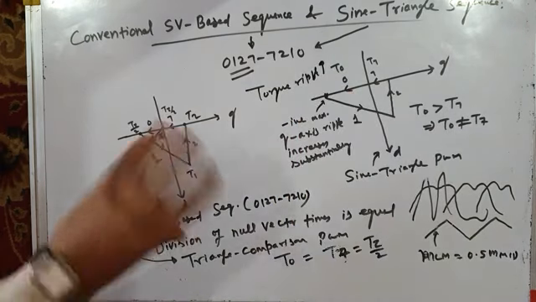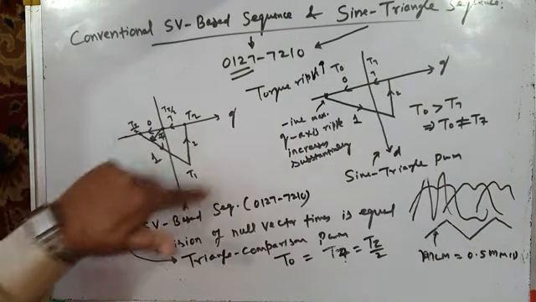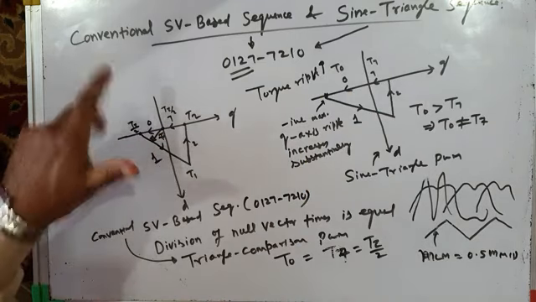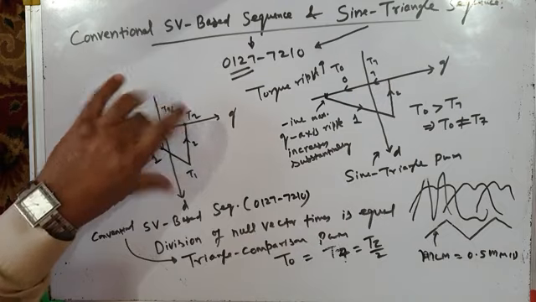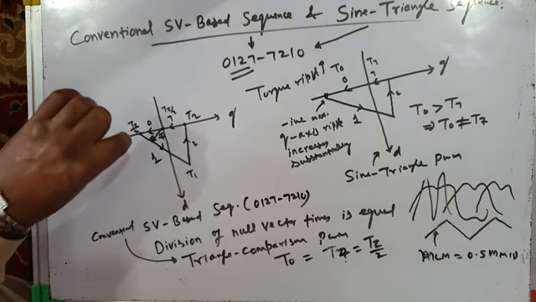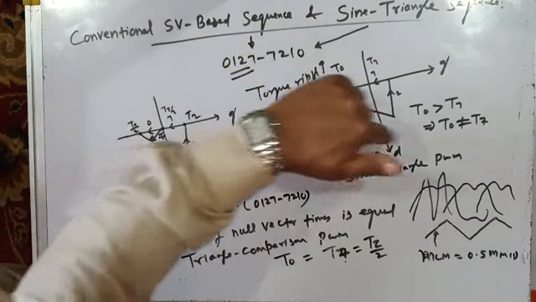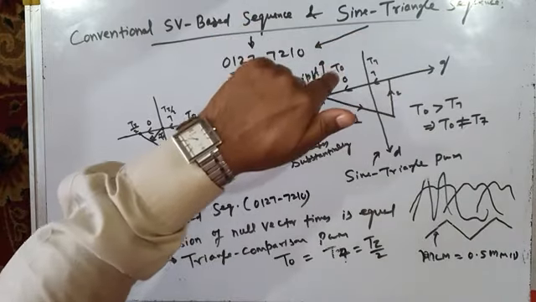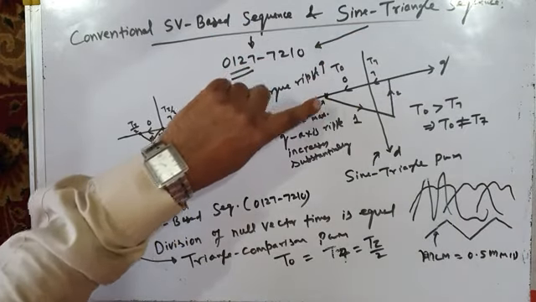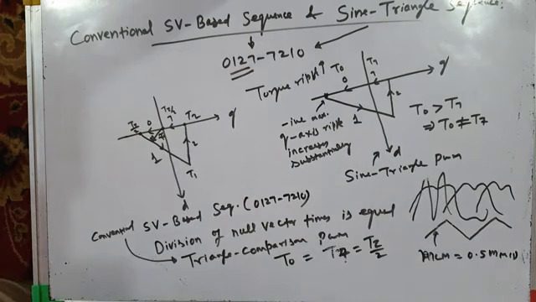So therefore, if you run your induction motor by conventional space vector PWM technique, or by triangle comparison based PWM technique, you will see their torque ripple will be less. If you run the same induction motor using sine triangle PWM technique, then you will see that torque ripple produced in the induction motor will be more.